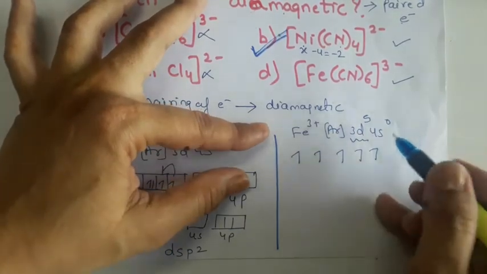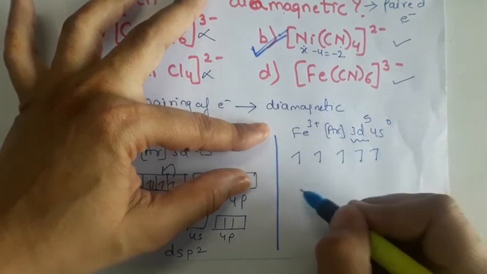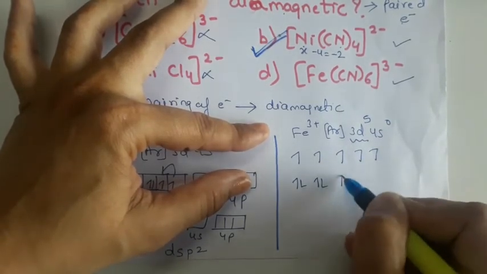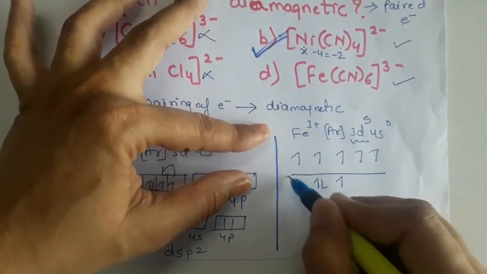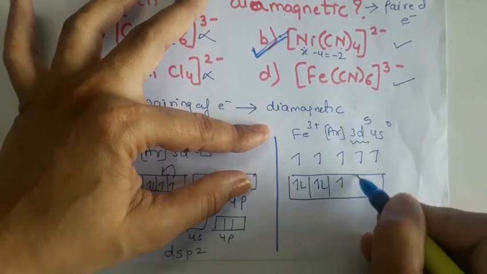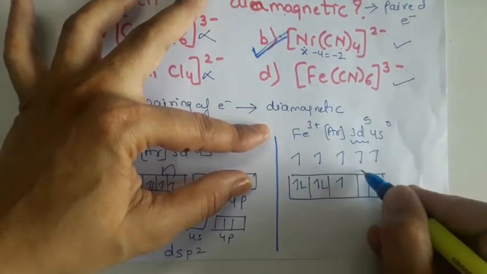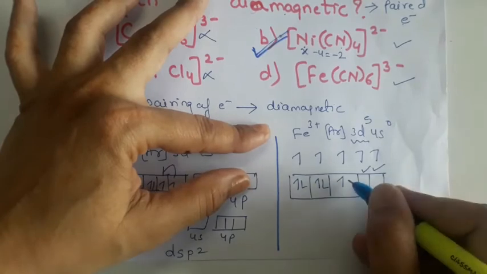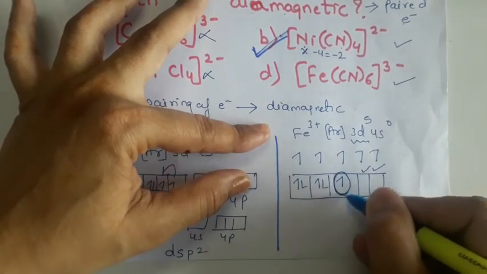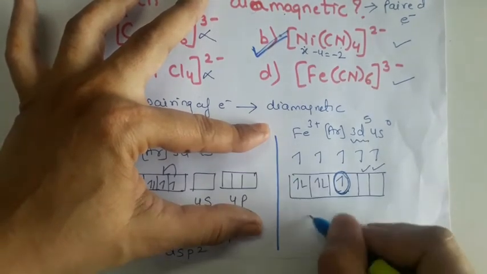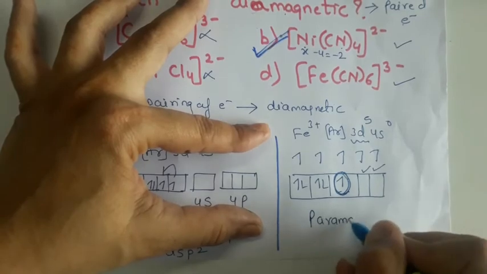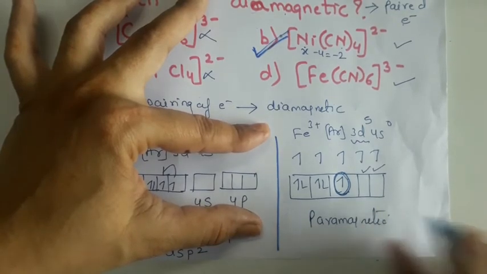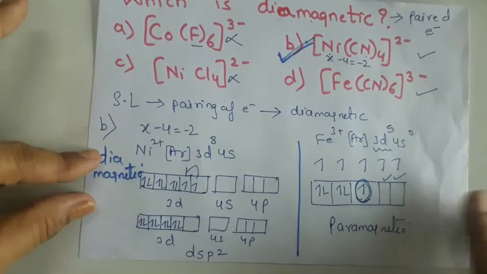It will lead to pairing of electrons, but even if it leads to pairing of electrons, still we will be having 2 boxes vacant, isn't it? These 2 boxes are vacant and this is the unpaired electron. So an unpaired electron is there, which means this compound is paramagnetic in nature. Okay, so the correct option is B.